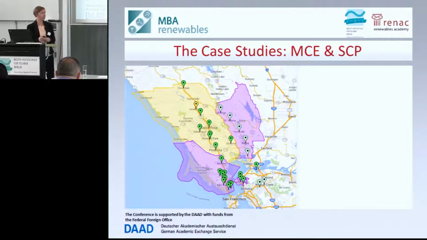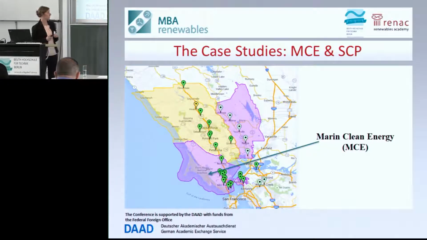For my research, I used 2 case studies. The first one is Marin Clean Energy. It's the first community choice energy started in California. You see this is Marin County, and today they expanded, and they also have Napa cities there and some others down in Richmond.